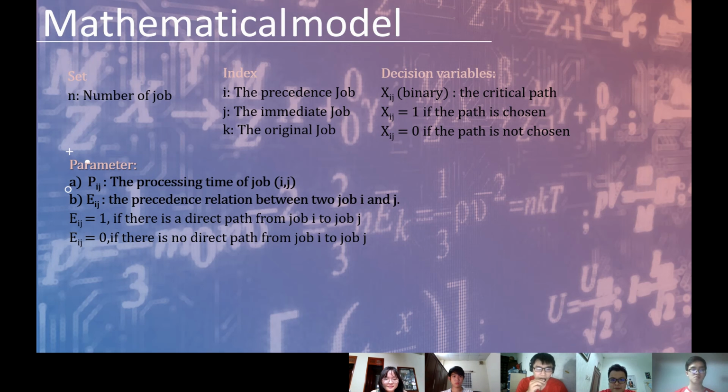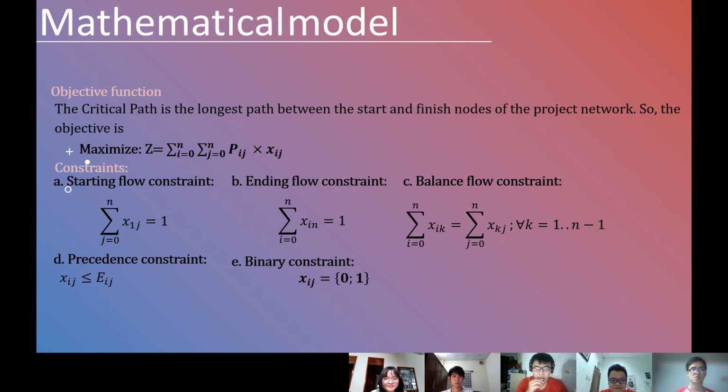The next part is about our objective function. As we know, the critical path is the longest path between the start and finish node of the project network. So the objective is maximize Z equals sigma i from 0 to n, sigma j from 0 to n, Xij times Pij.